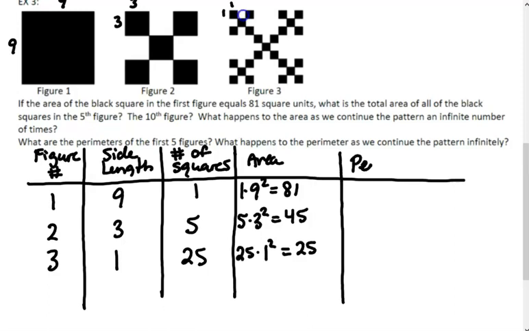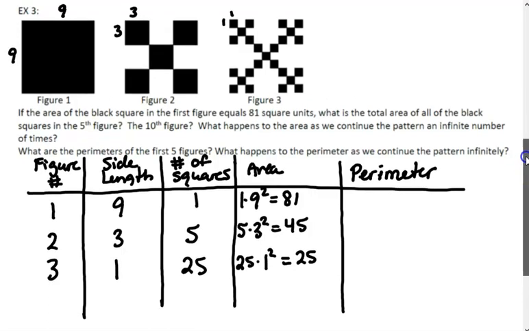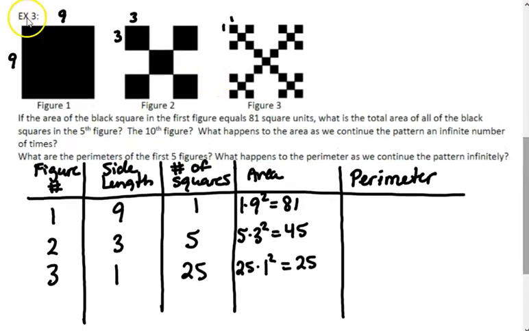Now let's look at the perimeters. So the perimeter, of course, is the total distance around the edges of the square. So for the first one, if the squares are 9 units long on each edge, then my perimeter would just be 4 times 9, which is 36.